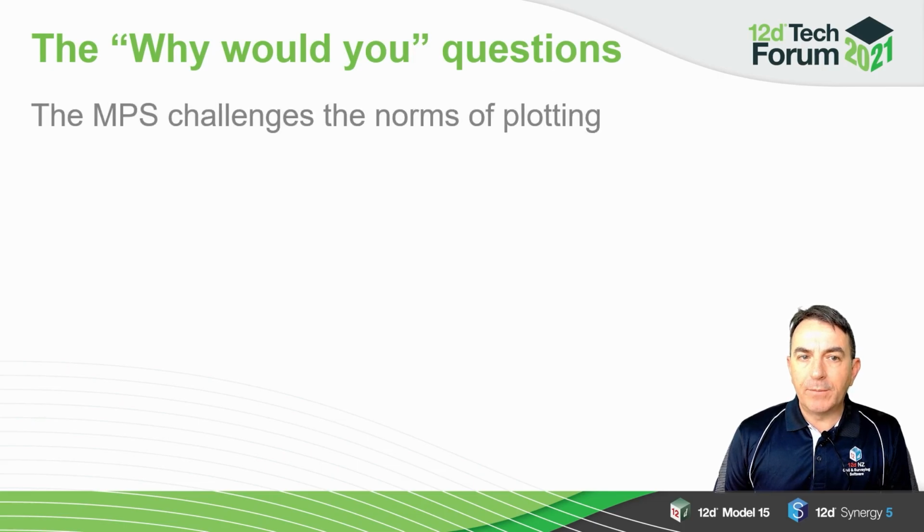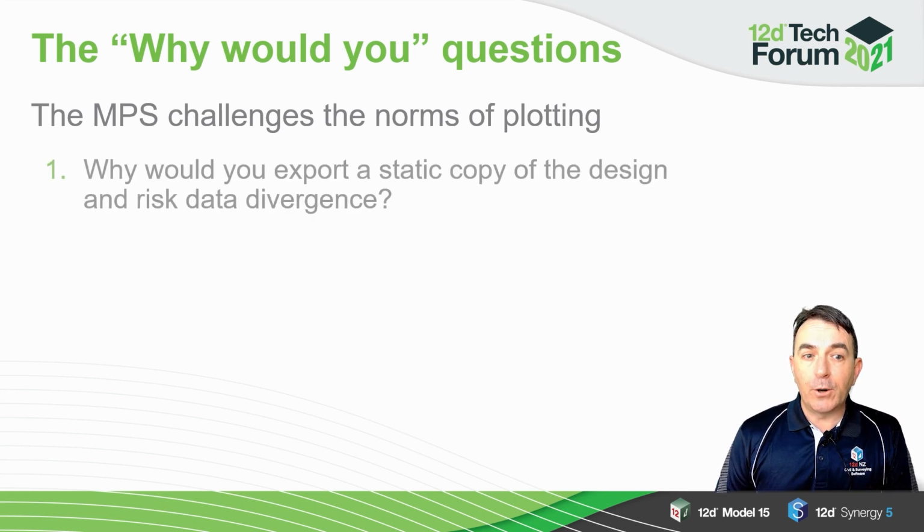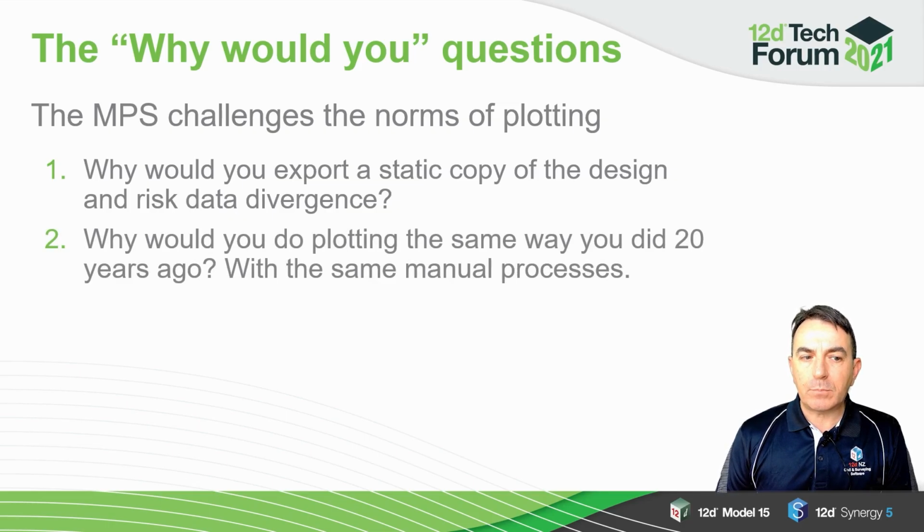Now I'm going to play a little bit of a game, we'll call it the why would you game, and I'm sure that you guys will have some answers to some of these questions that I pose, but it really just goes back to the MPS is there to challenge the norms of what you may have been doing in your plotting historically. First off, why would you export a static copy of the design and risk divergence? So why would you export the model data to something that can be edited and then changed, and you get changes or differences between the actual one source of truth model and this copy that's been floating out there?